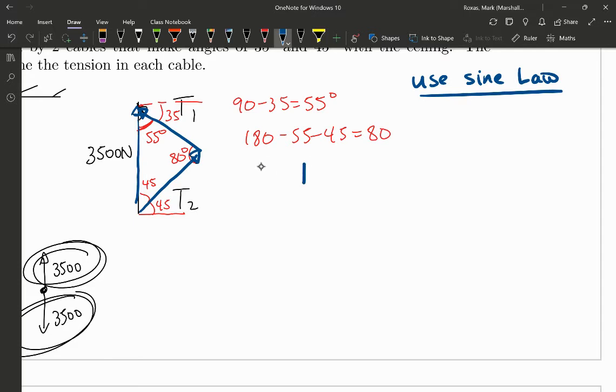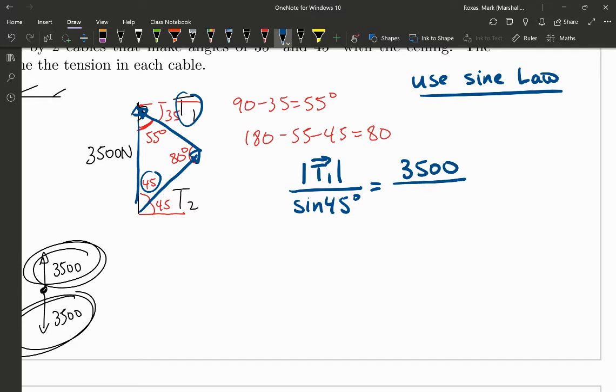The sine law says, if I have vector T1 divided by its opposite angle, the opposite of T1 here is 45, so sine of 45 degrees, that's going to equal 3,500 newtons over the sine of its opposite angle, sine of 80 degrees.